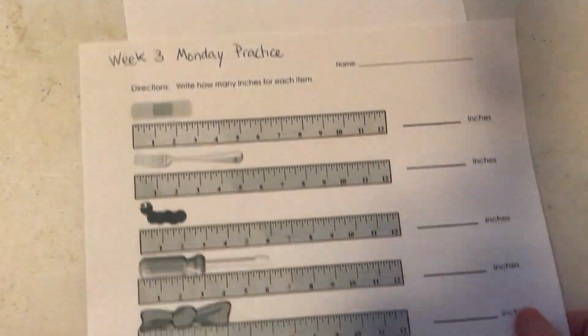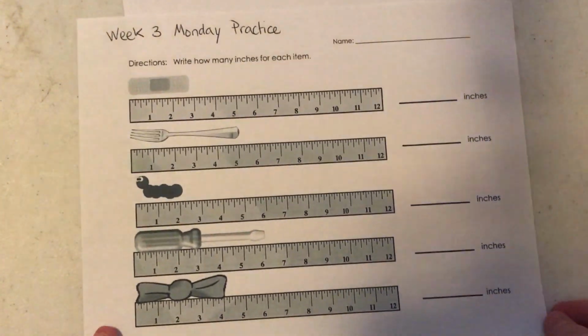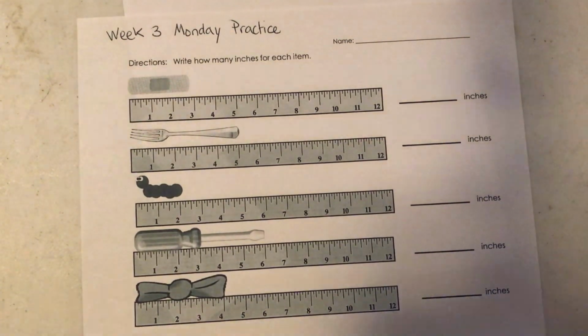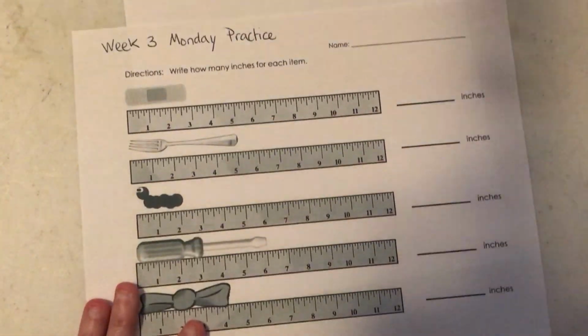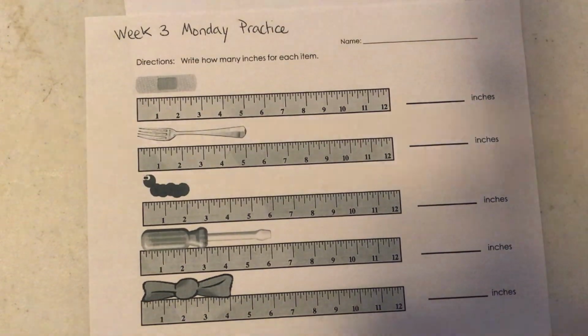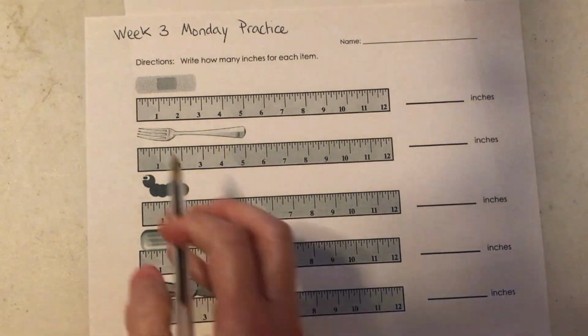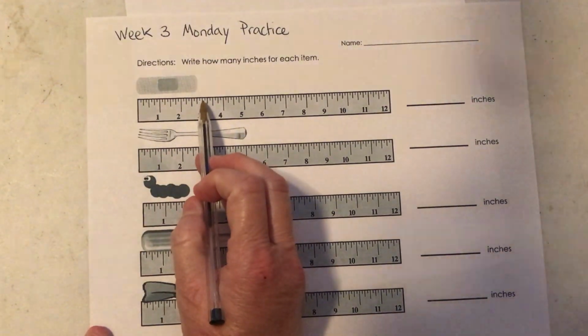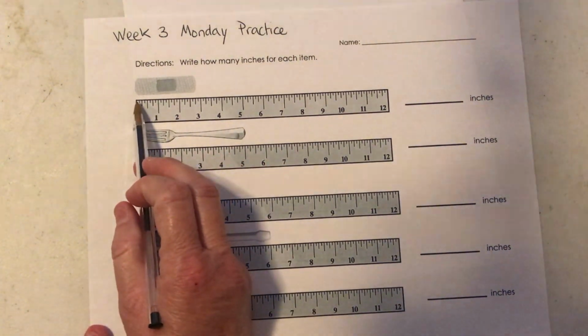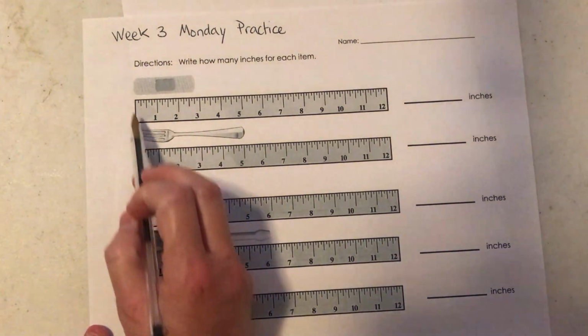So the next paper that we're going to go over is more practice. More of practicing using the ruler, and we're practicing with measuring in inches. So this has the ruler already here for me. This one is already at 0.